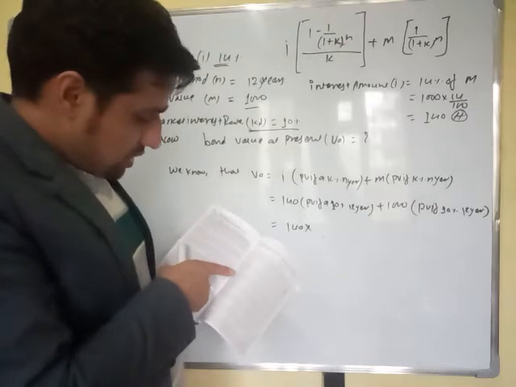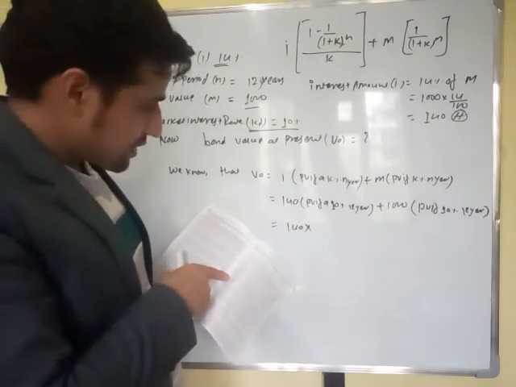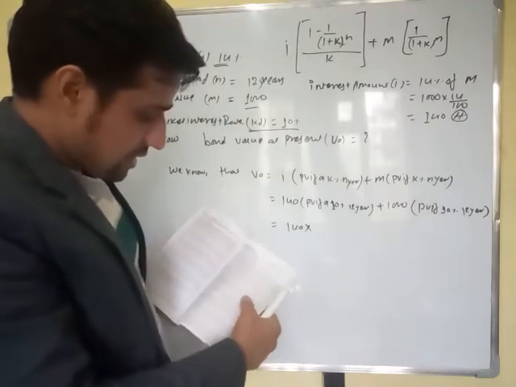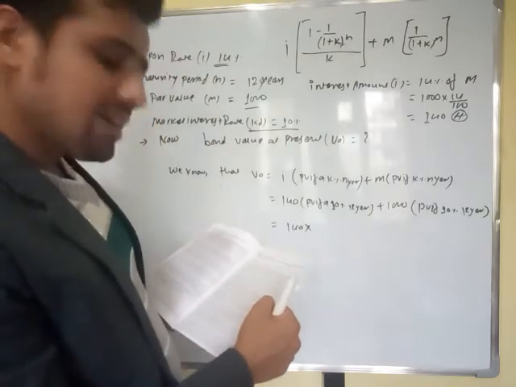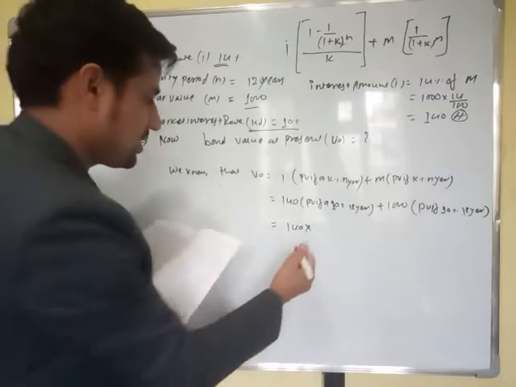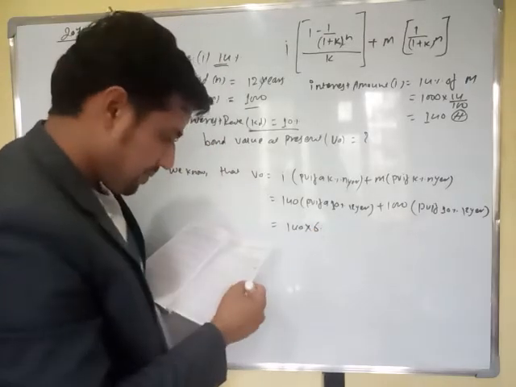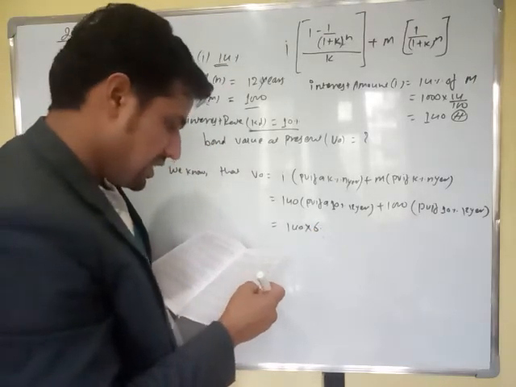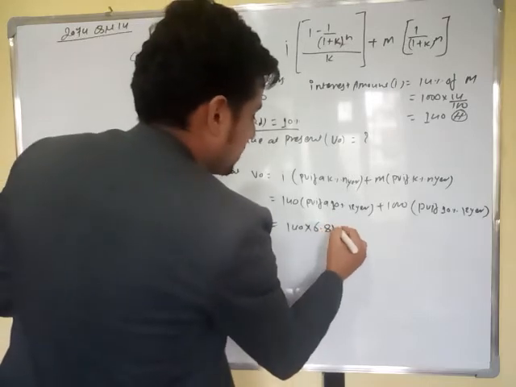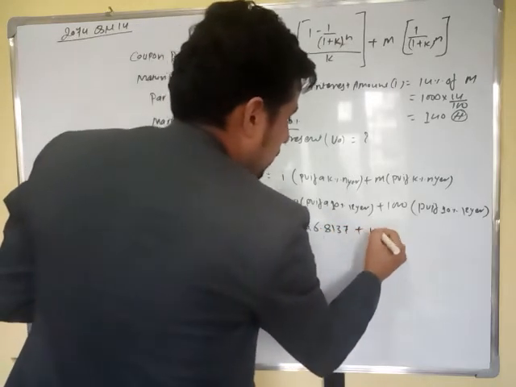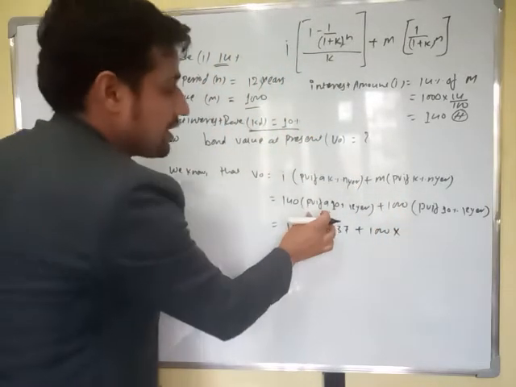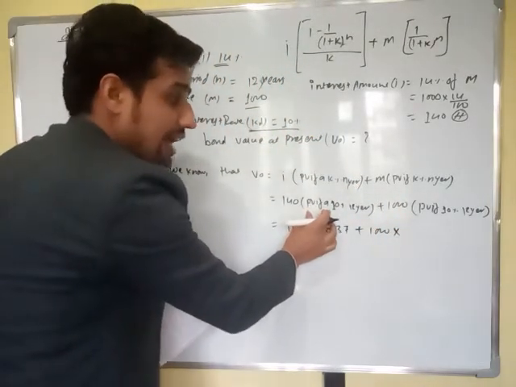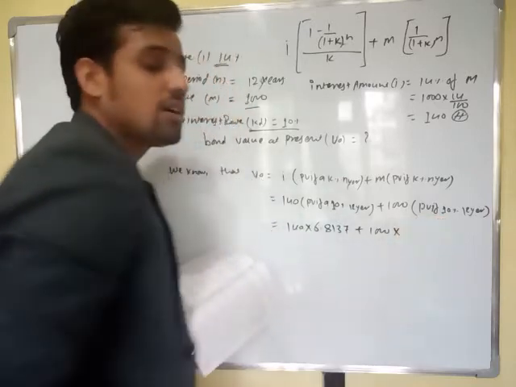We need to see the factor for 12 years at 10%. 10% means 6.8137. Plus 1000 into PVIF.